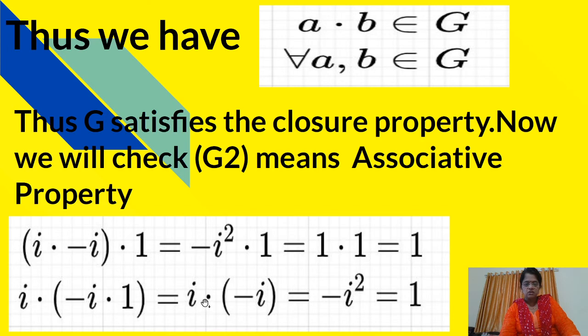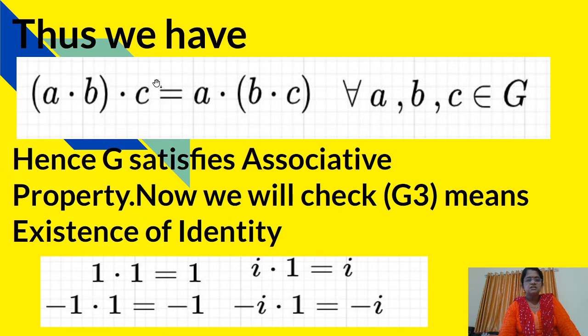This i will be as it is, minus i into 1 will be minus i, then product of these two will be minus i square, but i square is minus 1, so minus 1 into this minus 1 is equal to 1. Thus we have (a dot b) dot c is equal to a dot (b dot c) for every a, b, c belonging to G. Hence G satisfies the associative property.